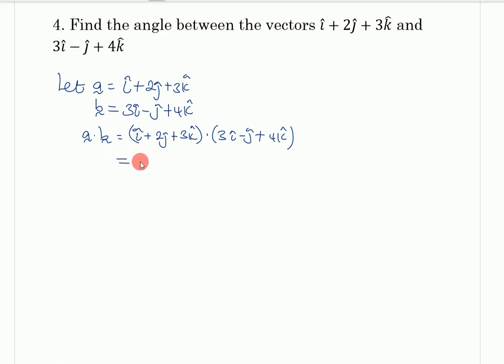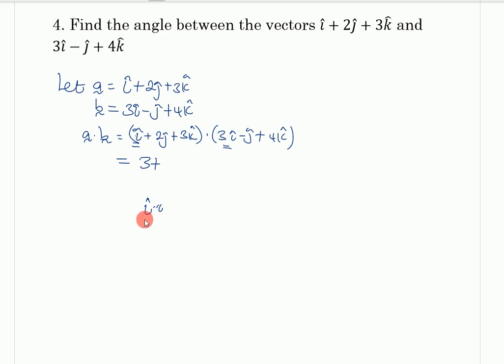For the i's, you just get 1 times 3, that is 3, since i dot i is 1.